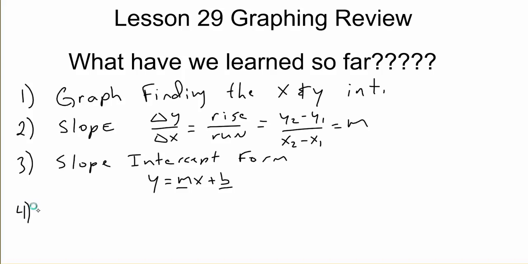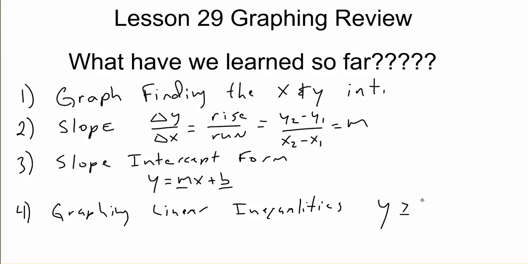We learned about graphing linear inequalities. That was when we had an inequality, like y is greater than or equal to mx plus b, where we had to do a solid line or a dashed line. In this case we do a solid line, and we shade on top or on bottom.